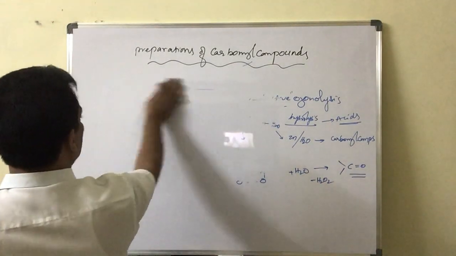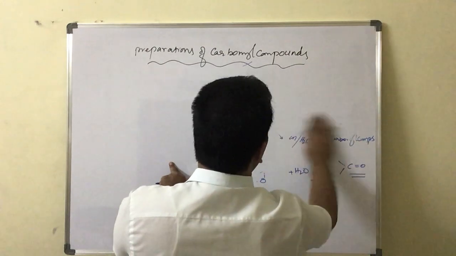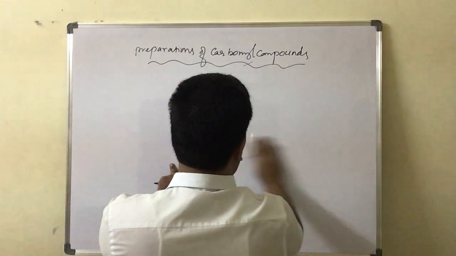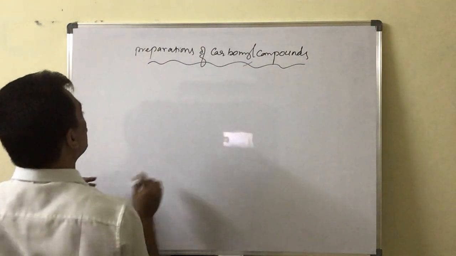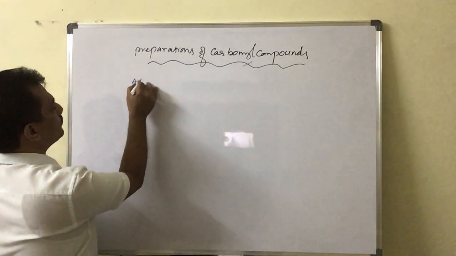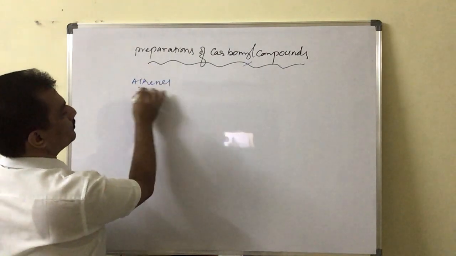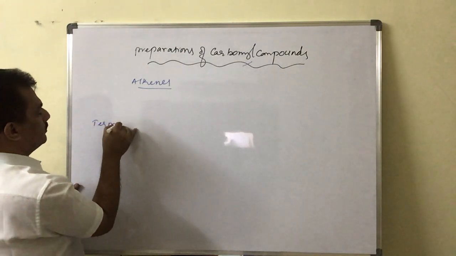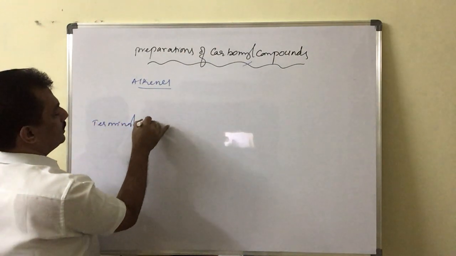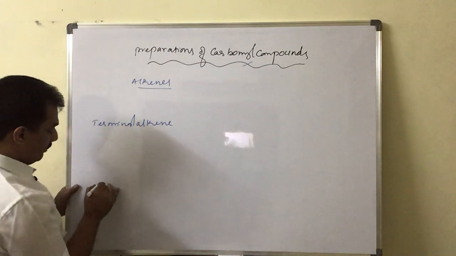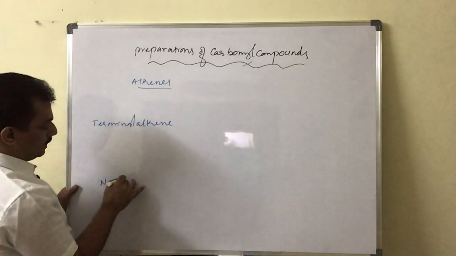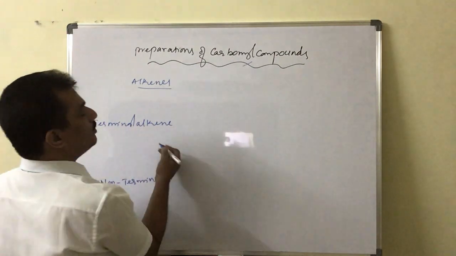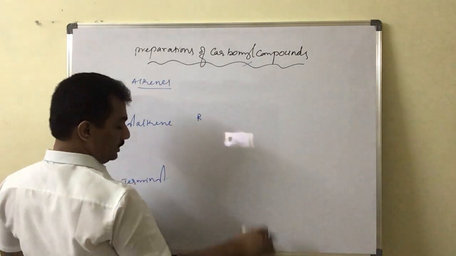First, we have to consider the alkene involved in this ozonolysis. Alkenes are of different kinds, majorly two kinds. One is terminal alkenes, and the second one is non-terminal alkenes. Terminal alkene is always of three kinds.